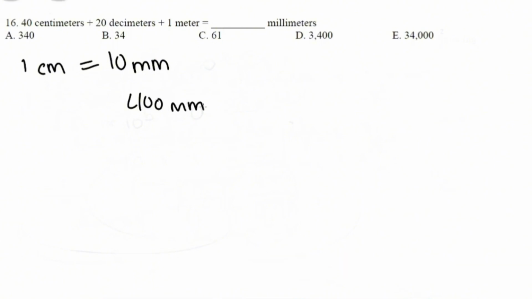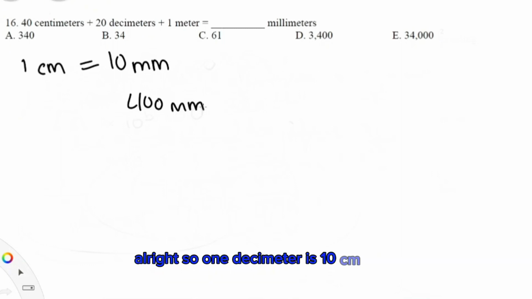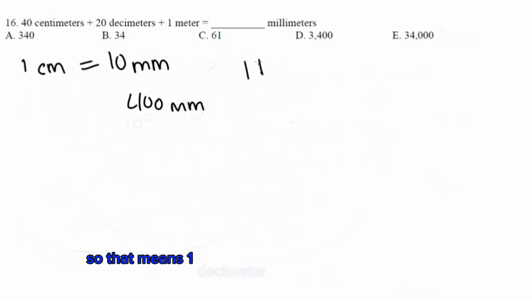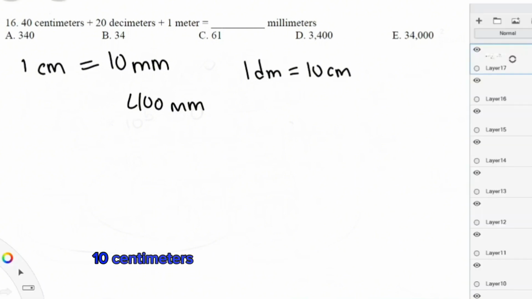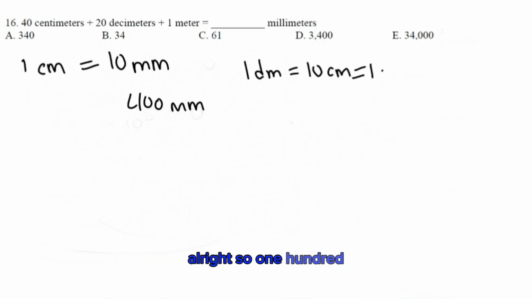millimeters. Next, 20 decimeters. 1 decimeter is 10 centimeters, and as we know, 10 centimeters is equal to 100 millimeters, because 100 millimeters divided by 10 is just 10 centimeters.